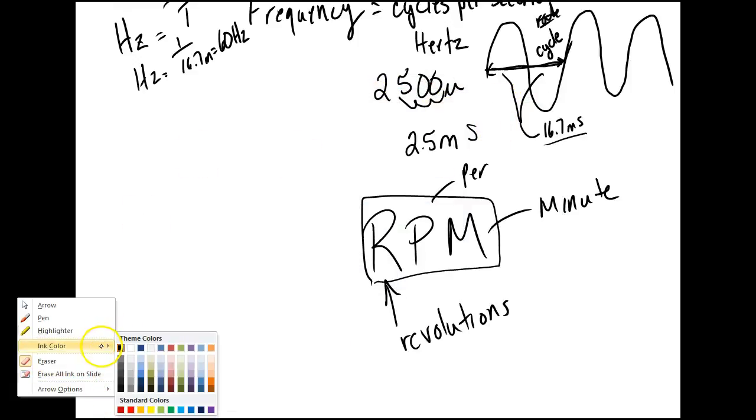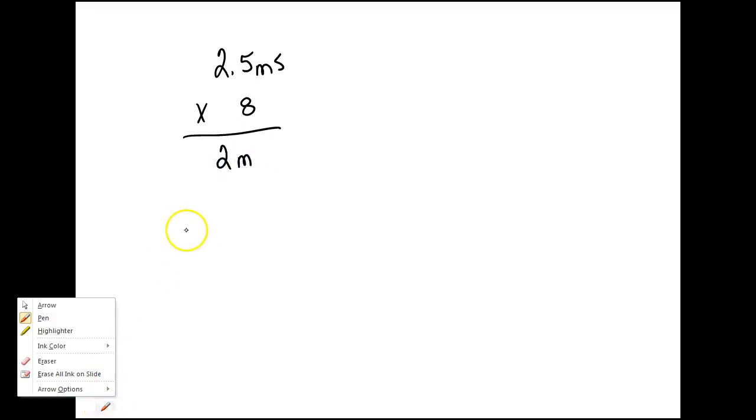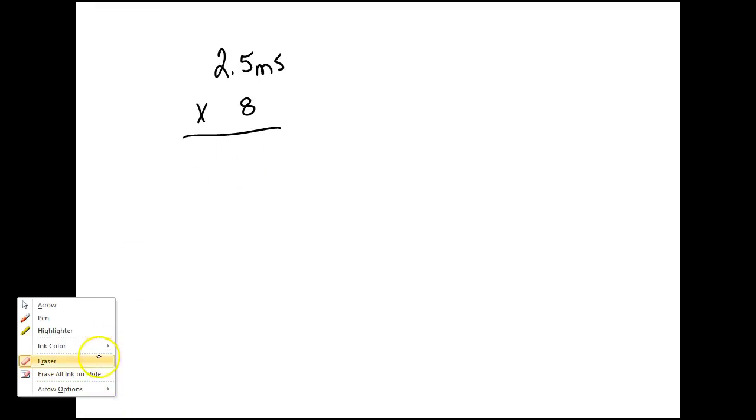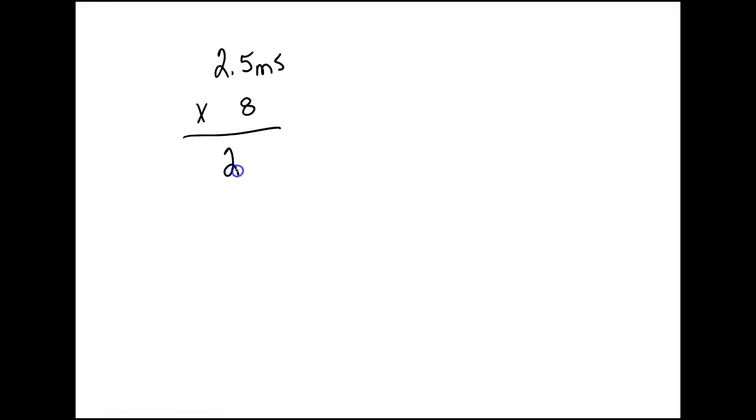So first thing I started off and did what? I measured the time, and we got 2.5 milliseconds. And this is the time per pulse, or the time per blade. Then I multiplied it by 8, and we got 20 milliseconds. Then we took the reciprocal, right?